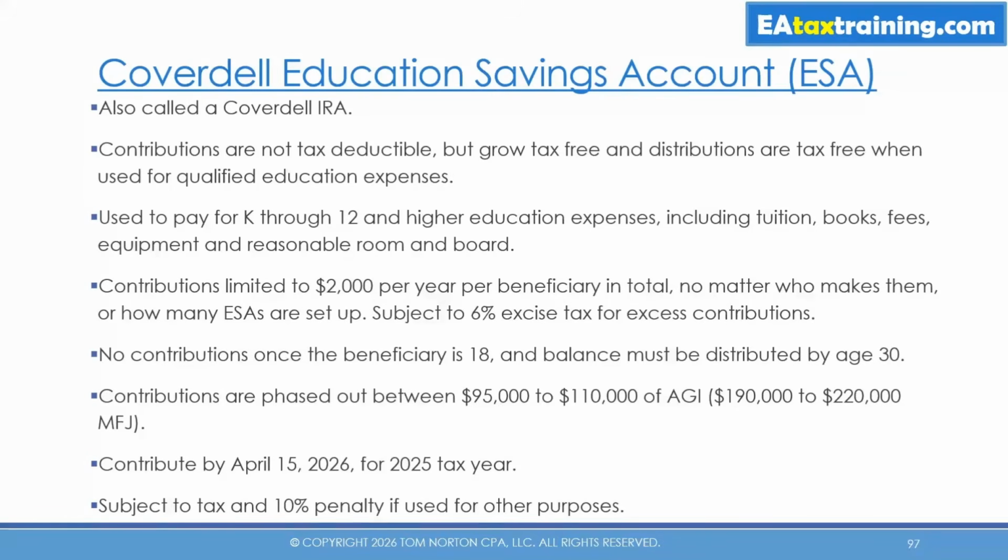Those AGI limits are doubled for married filing jointly taxpayers. You can make contributions all the way up until April 15th of 2026 for the 2025 tax year, just like an IRA. And if the money is withdrawn for any reason other than paying for qualified education expenses, there is tax and a 10% penalty.